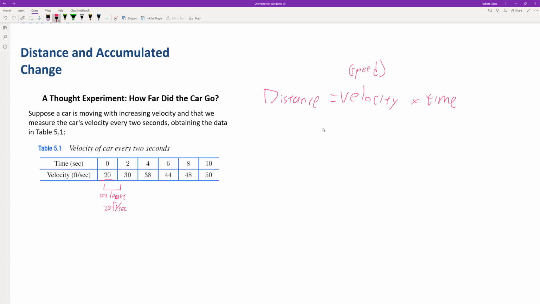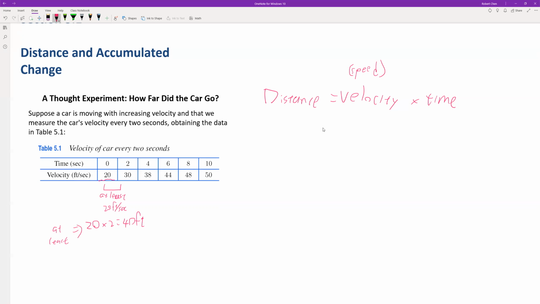Now, since distance is equal to velocity times time, in the first 2 seconds, we can approximate this by 20 times 2, which is 40 feet. At least 40 feet during the first 2 seconds, right? At least.